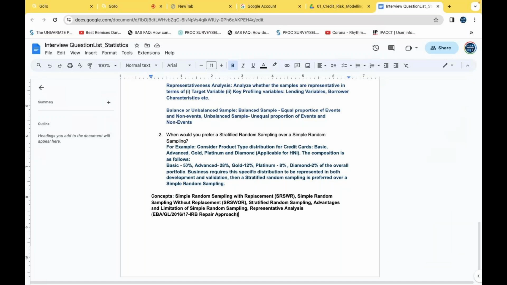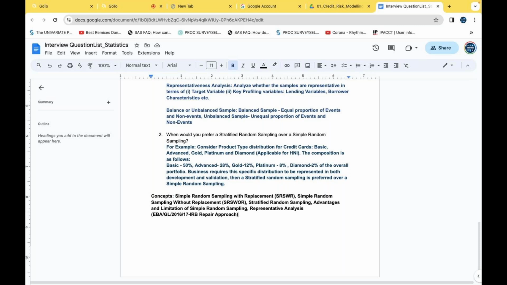For a scorecard, the representative analysis described for the IRB repair PD model would be applicable.